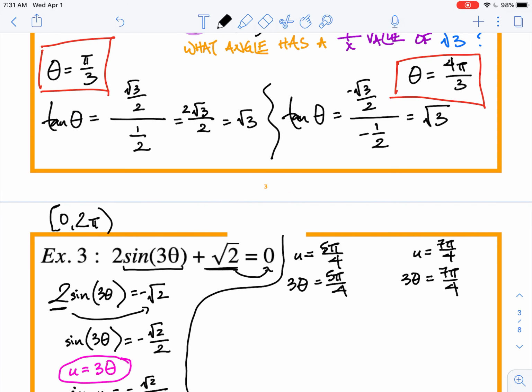Now, if I'm just looking for answers that go one time around the unit circle, I'm going to go ahead and take this theta. I'm going to divide by the 3, so I'll get theta equals 5 pi over 12. And if I do the same thing on the second one, I'll get theta equals 7 pi over 12.